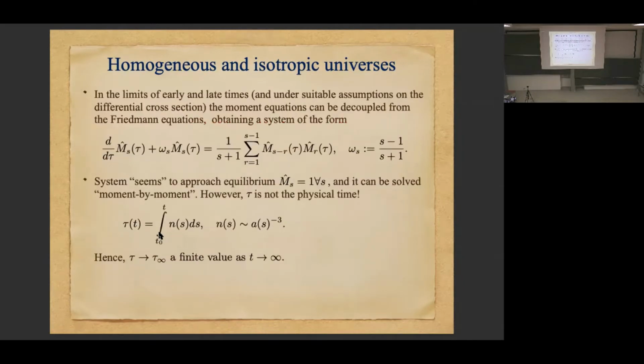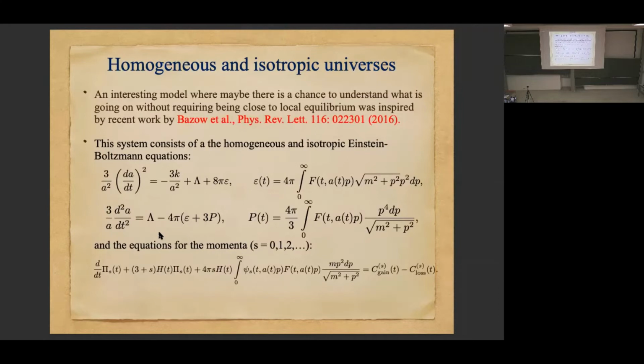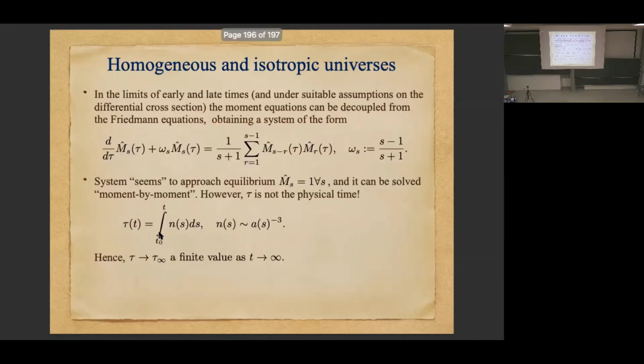Okay, and actually you can slightly generalize this, so you can look at the limit of this equation in the very early universe. So in the very early universe, when the kinetic energy of the particles dominates the rest mass energy, it's like switching off the mass, and then you are basically back in their case, and assume also that you have a hard sphere kind of differential cross section.